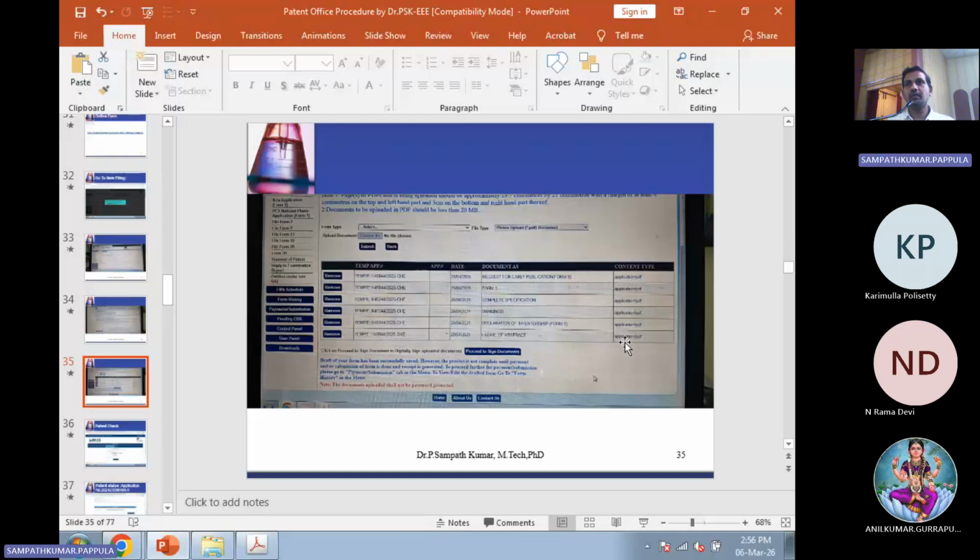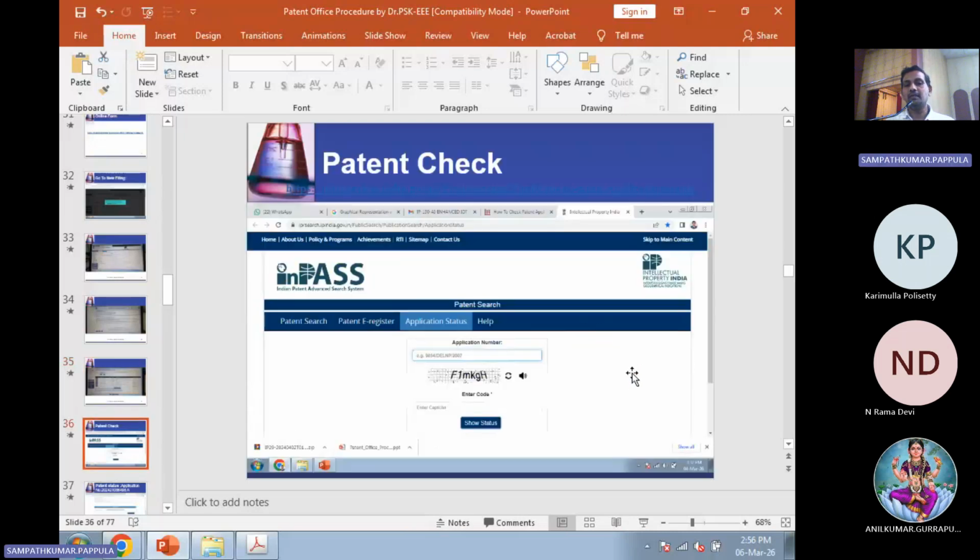Using that number, you can see the updates through this patent link. Patent check lets us see where your patent is and what its status is.